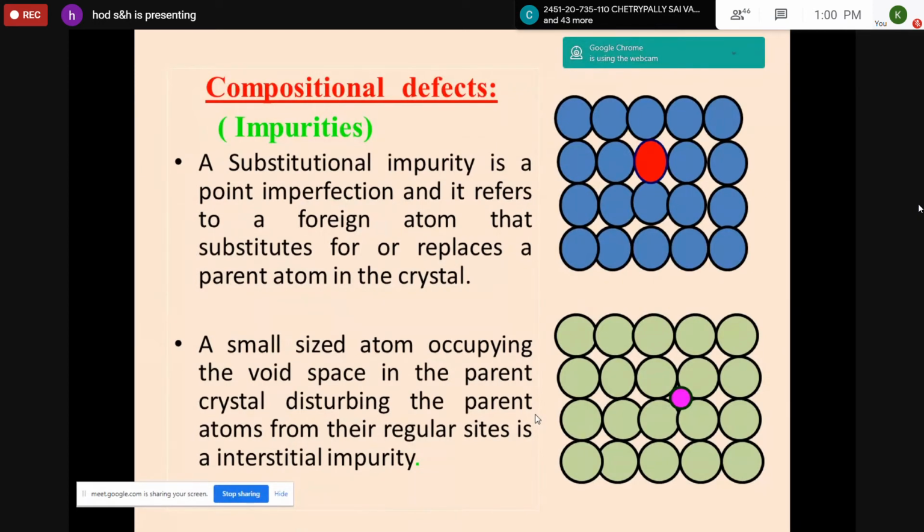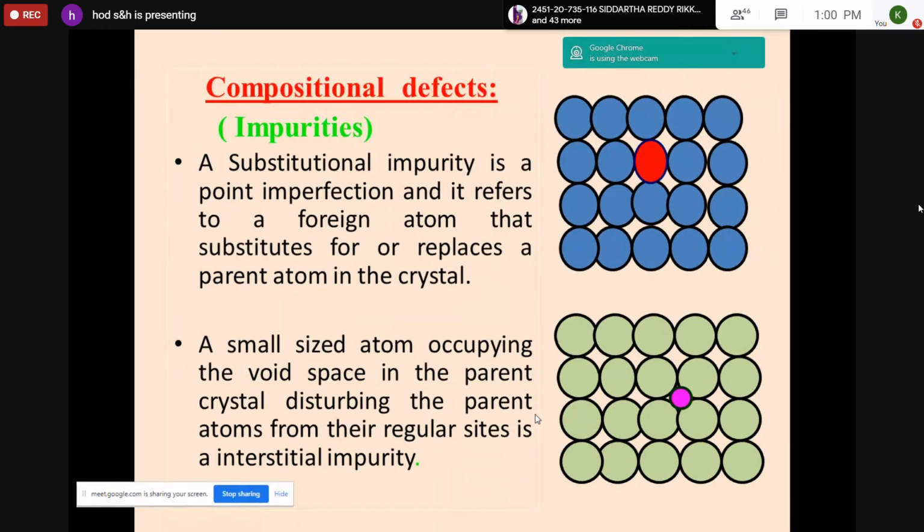You can see the first diagram. All are blue in color. Actually, the crystal is made up of these. But you can observe a foreign atom colored red, occupying a regular atomic site. So this defect is called a substitutional impurity.